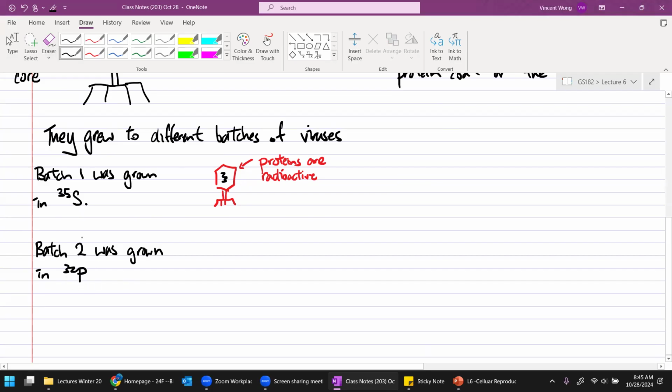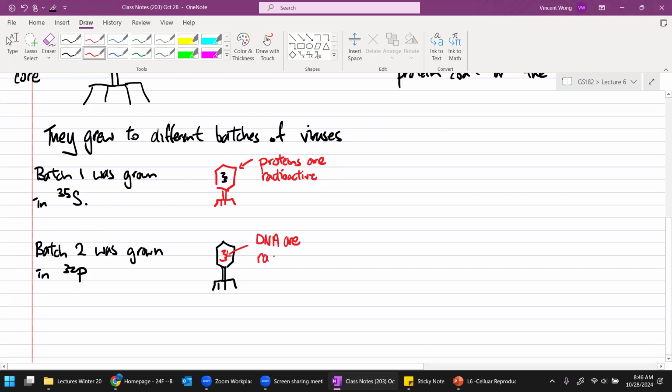And so again, this is a radioactive isotope of phosphorus. And phosphorus, if you look at the periodic table, is usually 31. This one is 32, so it's heavier. It's easy to break down. It's radioactive, okay? So these viruses are going to have radioactive DNA.